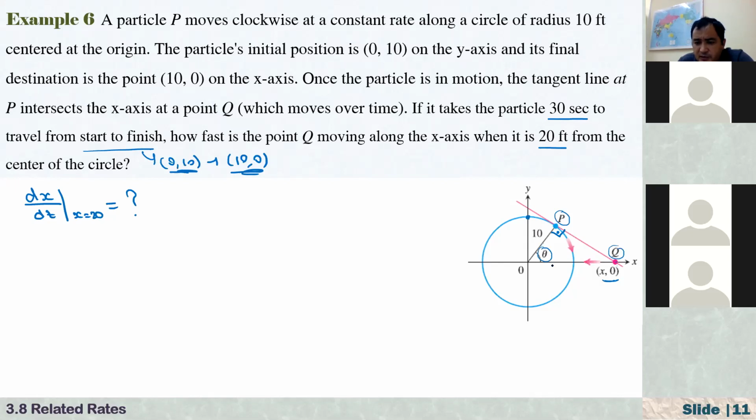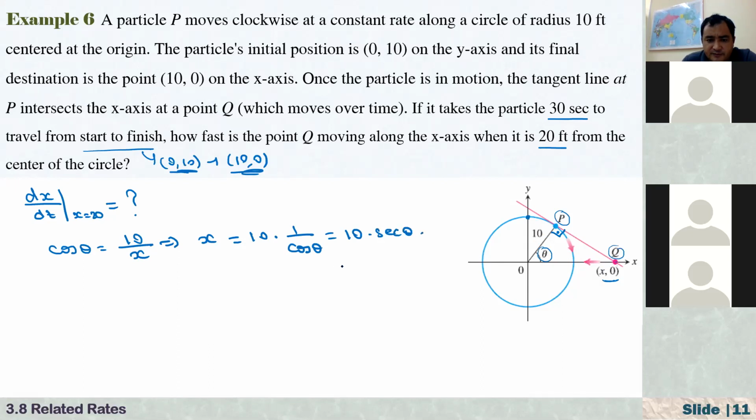Or simply, here we have cosine of theta. Cosine of theta, what is it? Adjacent side, that's 10, over the hypotenuse. What is the hypotenuse? That's equal to x, okay? Now from here, what is x? x is equal to 10 times 1 over cosine of theta. Or just simply, that's equal to 10 times secant of theta. Okay, that is how x and theta are related to each other.